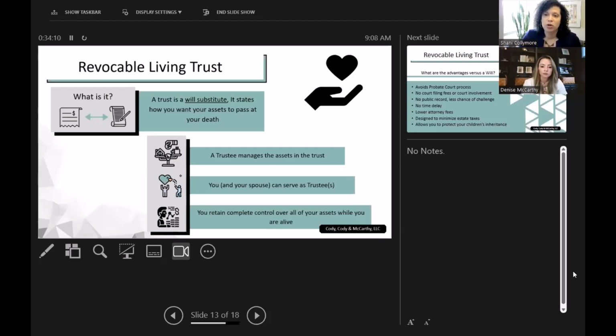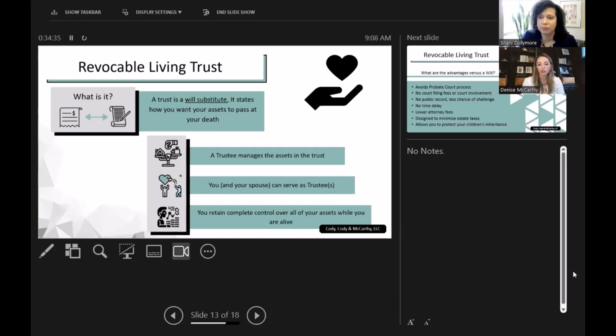And then when you pass away, that person or another person is going to step in as the trustee. That's going to wind up your affairs, pay any estate taxes, and pass assets to your beneficiaries, whether that's outright, in trust, all those kinds of things that you should have spoken with your attorney about, about how you want your beneficiaries to receive their inheritance.